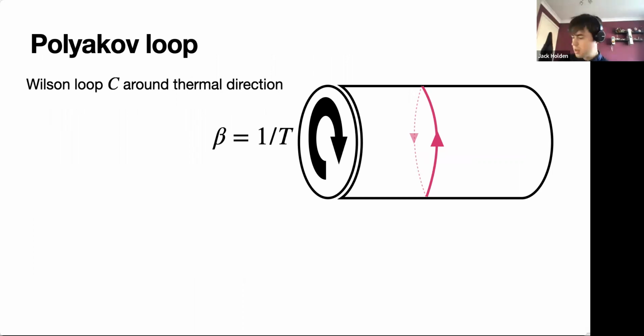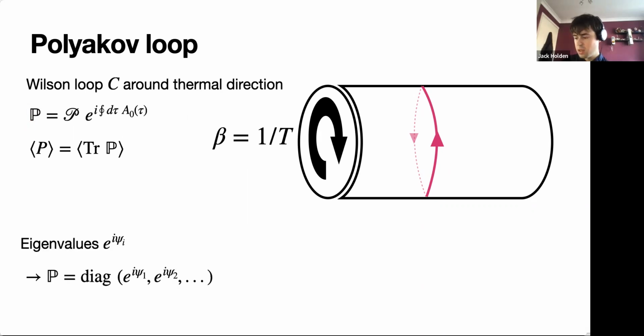So this is a Polyakov loop, a Wilson loop taken around the temperature direction, but this is a very important point. It turns out to be very useful to consider the holonomy over the temperature direction without taking the trace over the colors. This is what this object P in blackboard bold denotes. It's the Wilson loop without taking the trace. So in the fundamental representation, it's a matrix in color space.